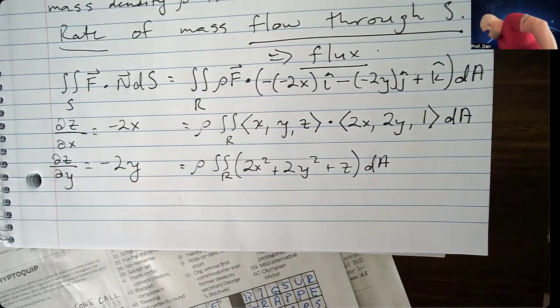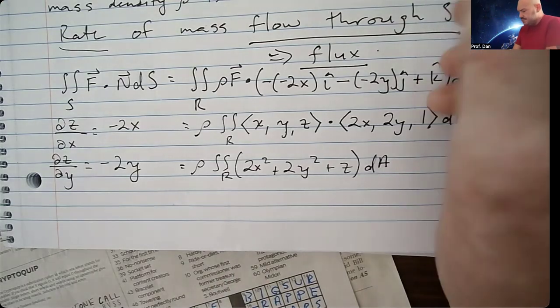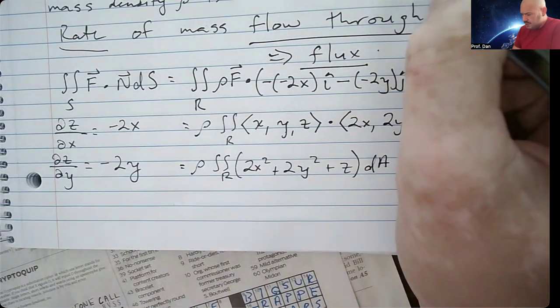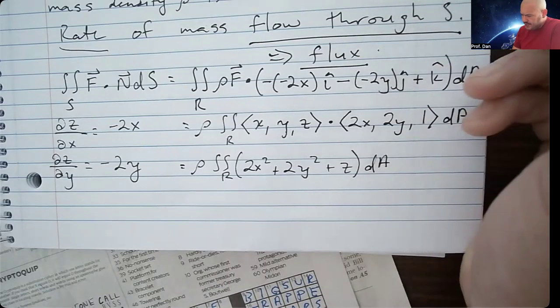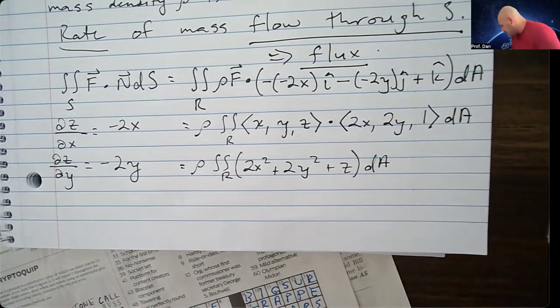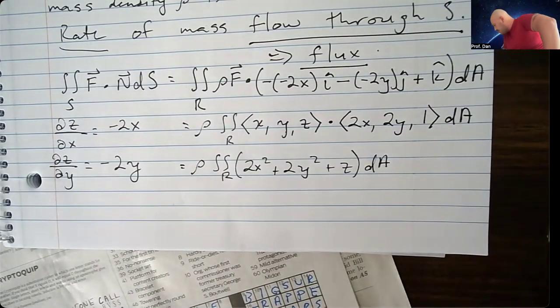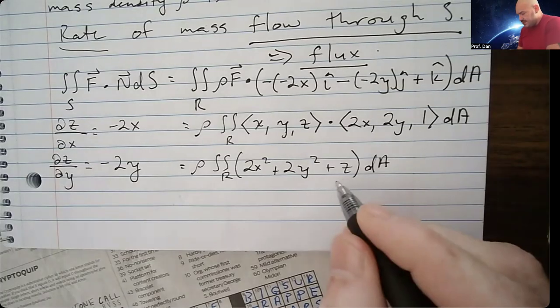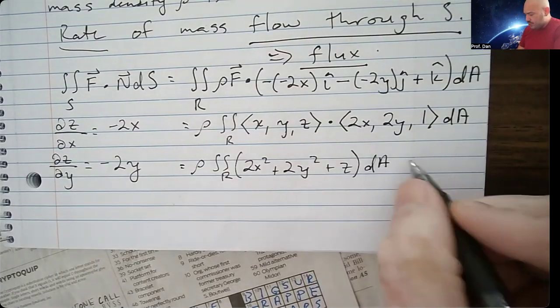So for this one, we could basically write this integral out in, well, actually, we need to take care of that z first. Then we could write our integral in polar coordinates.